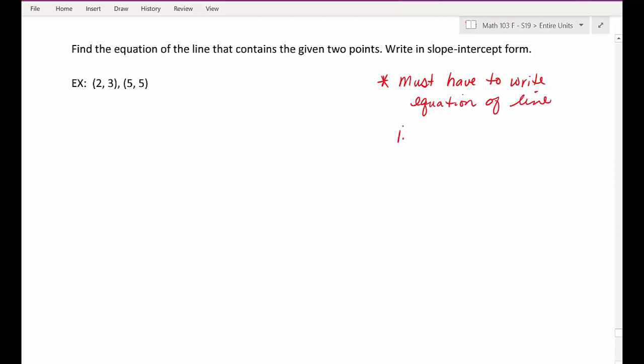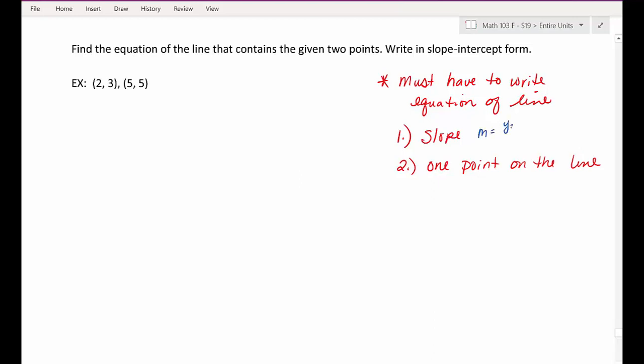You must have the slope and 1 point on the line. Here, we're only given 2 points, so that satisfies the second requirement, but it doesn't satisfy the first.